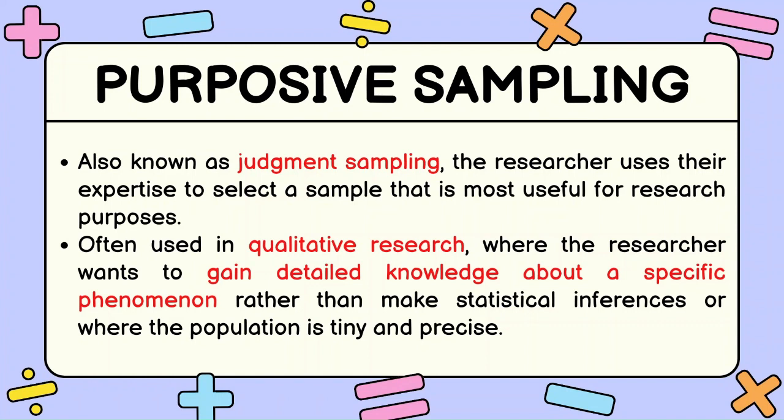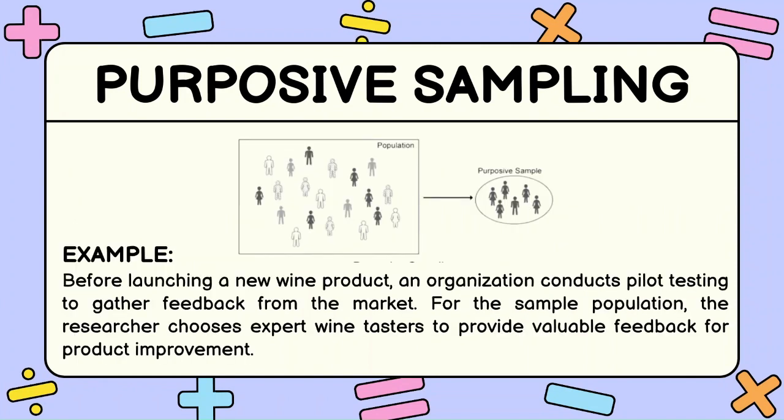This is often used in qualitative research where the researcher wants to gain detailed knowledge about a specific phenomenon rather than make statistical inferences, or where the population is tiny and precise. So again, in purposive sampling, it is the researcher who chooses his or her participants based on his or her judgment. Example, before launching a new wine product, an organization conducts pilot testing to gather feedback from the market.